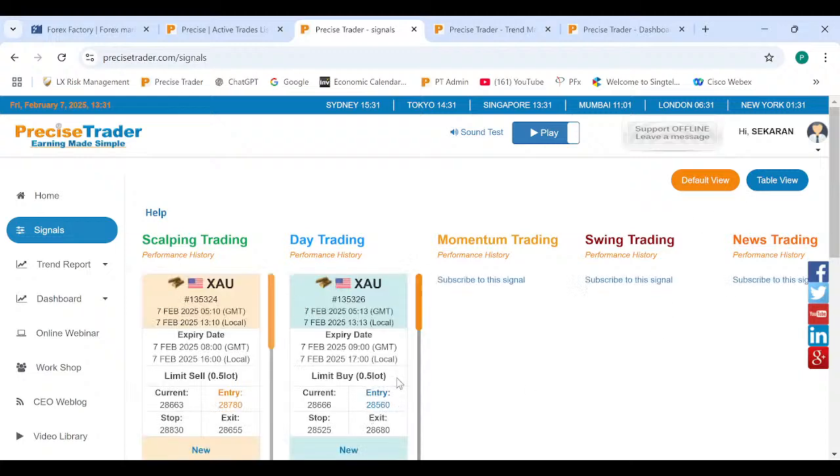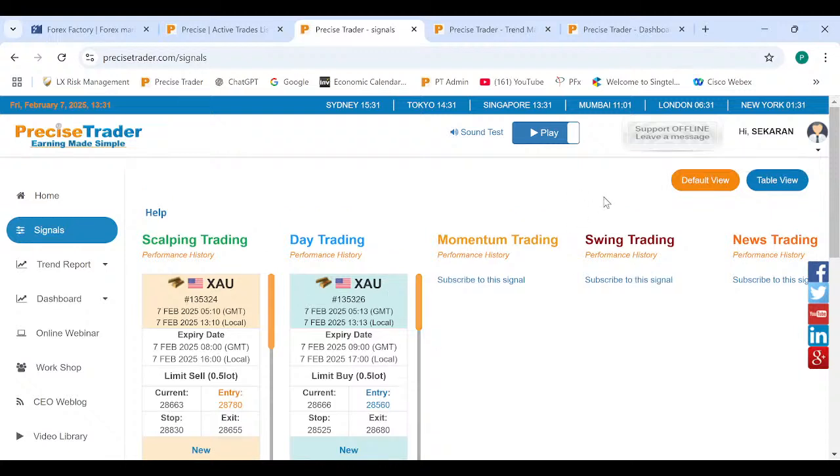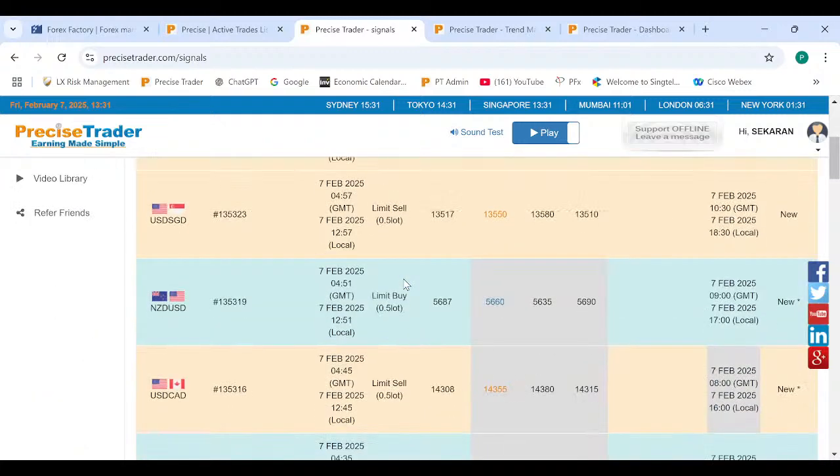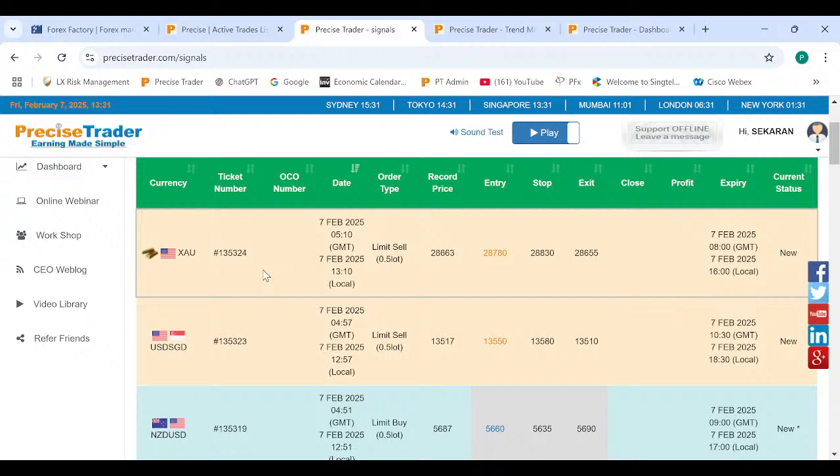You see, the beauty of the system is it has alerts. It gives you a voice-over alert. This is a sound test from Precise Trading. Whatever signals we give you, you can see live with the ticket number and the price we have given.